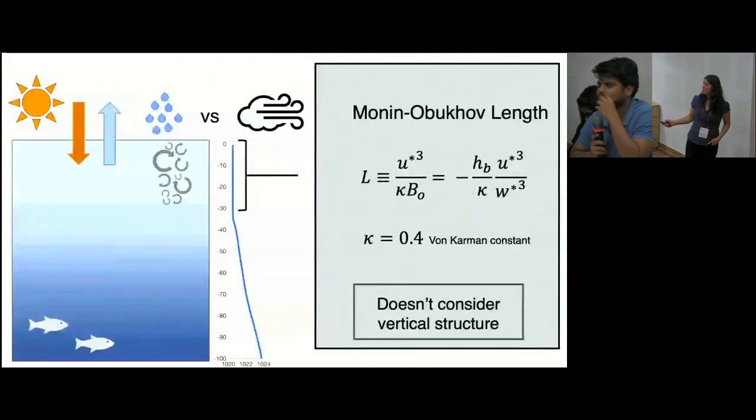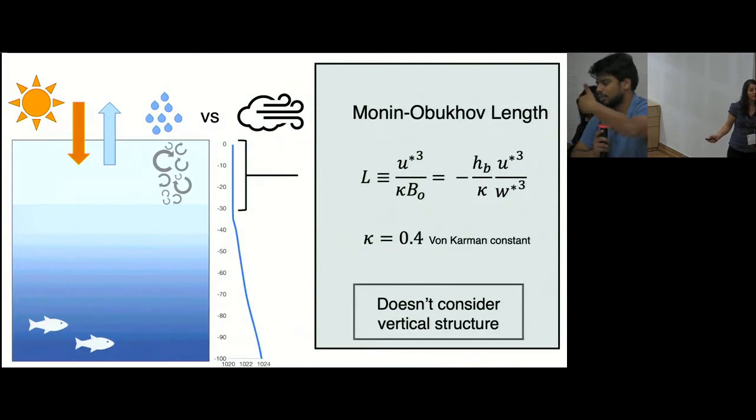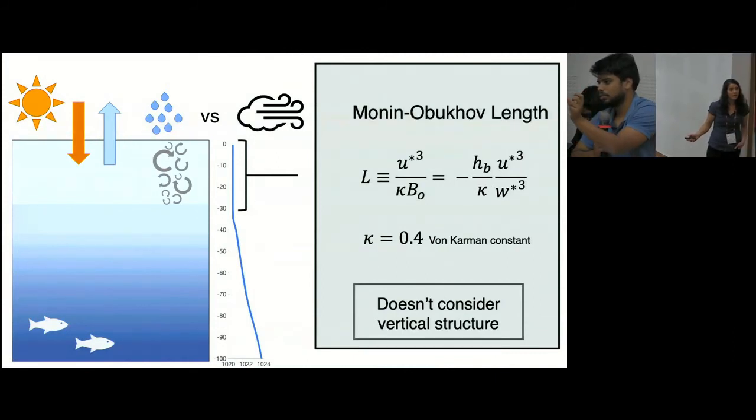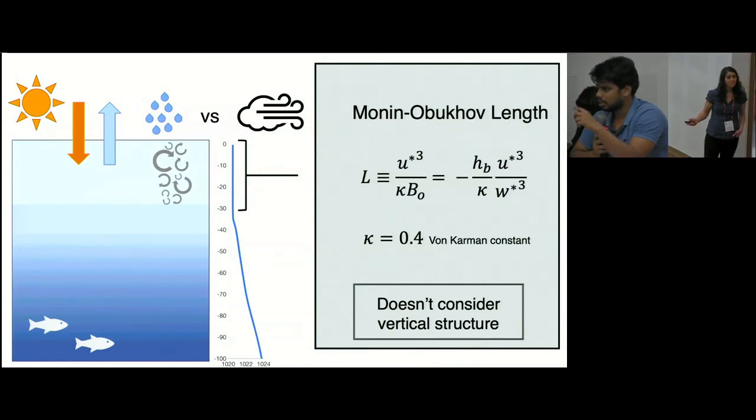So how is that related to the typical Ekman length scales, where the flip of the U profile happens? How is that length scale related to the typical Ekman length scale? Right, so how does this compare with the mixed layer that a model will produce? Is that what you're asking?